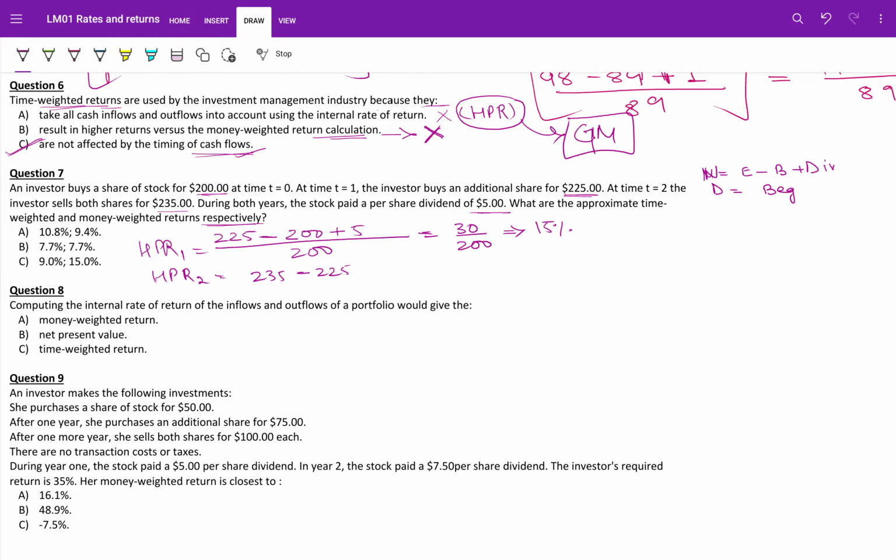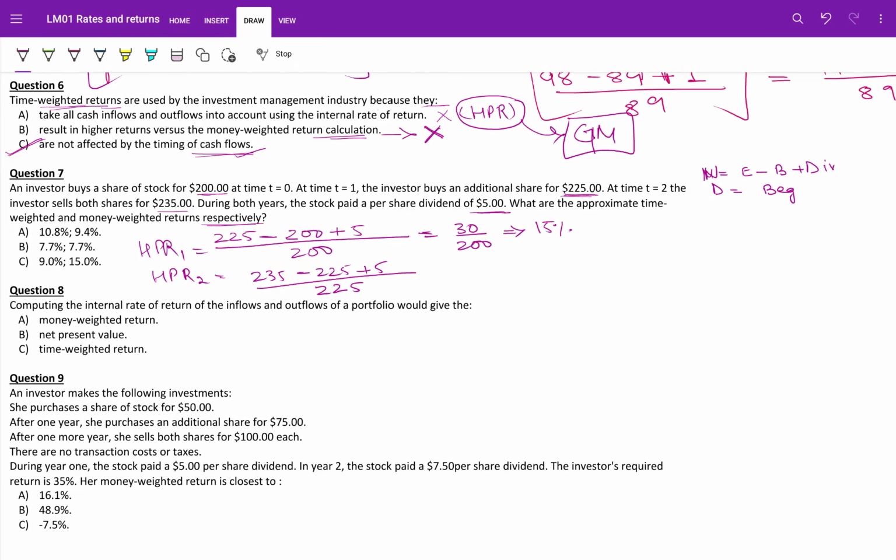The stock paid a dividend of $5, so 240 minus 225 plus 5 divided by 225.